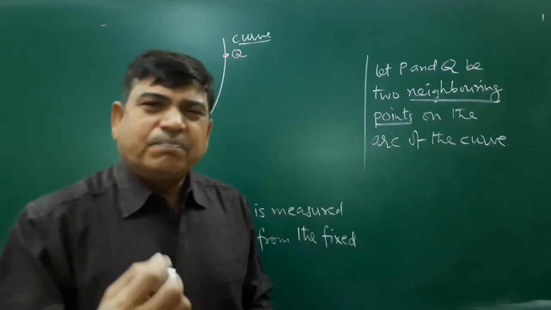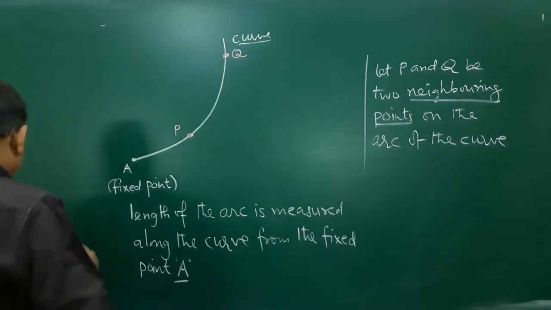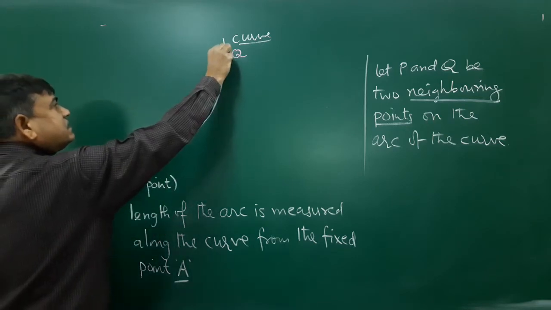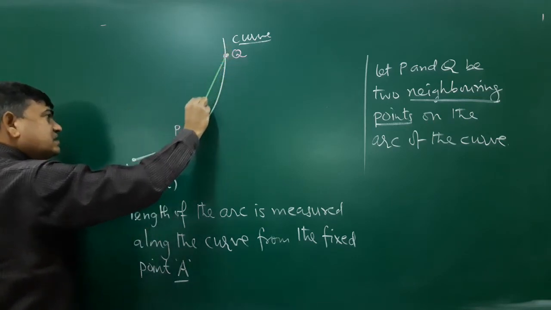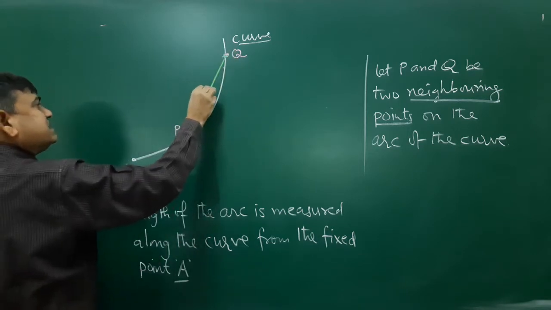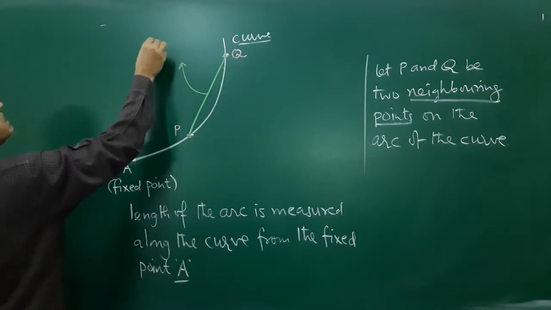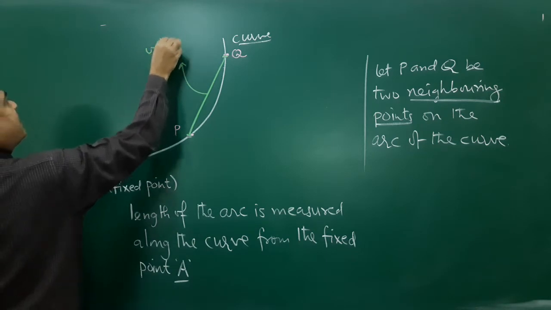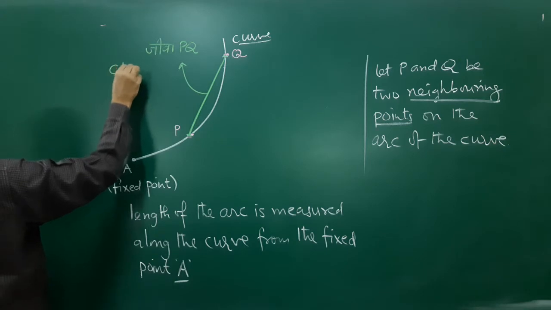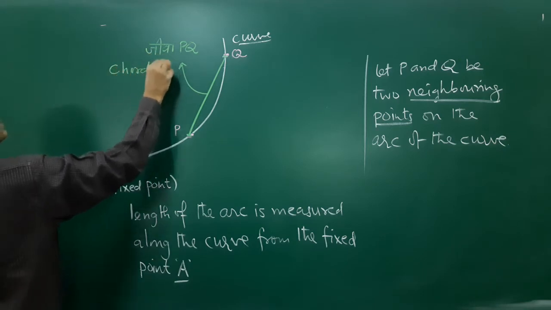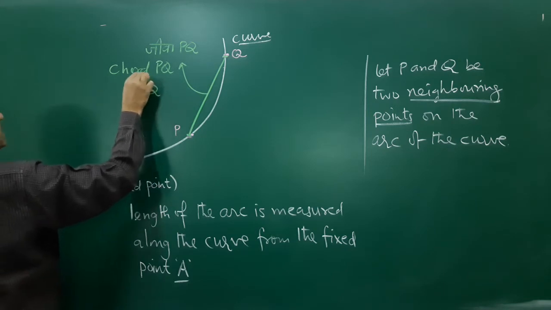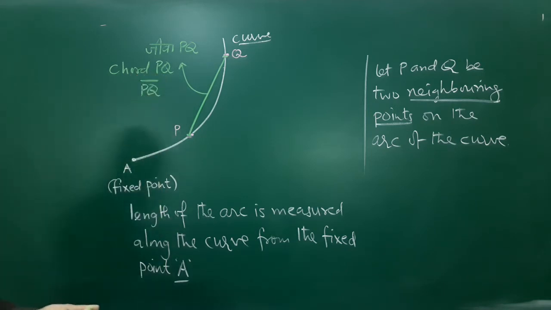Neighboring points means पड़ोसी. I join these two points. So this is jiva PQ, or I say chord PQ, or I say line segment, just like this.